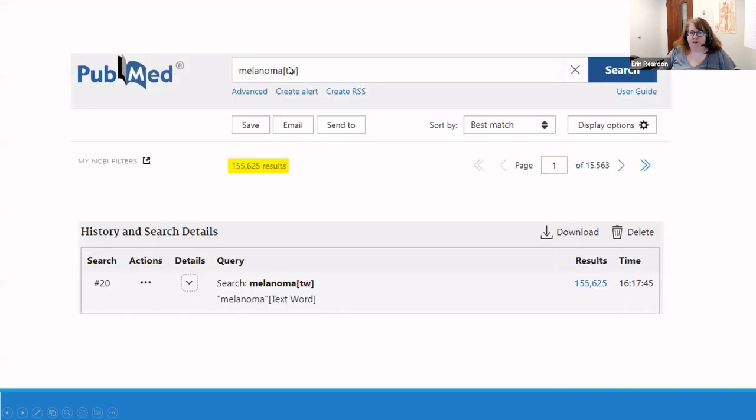If I look for melanoma only as a text word, we get rid of some of those results. Again, this is something that you have to experiment with. Would some of those other articles be relevant? Probably.